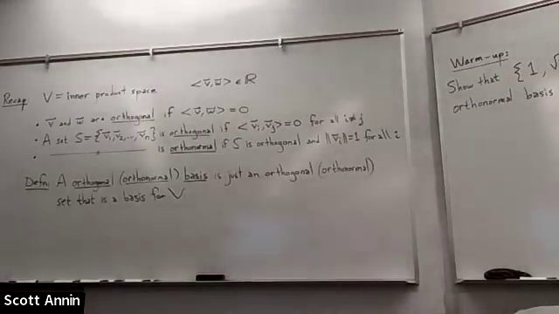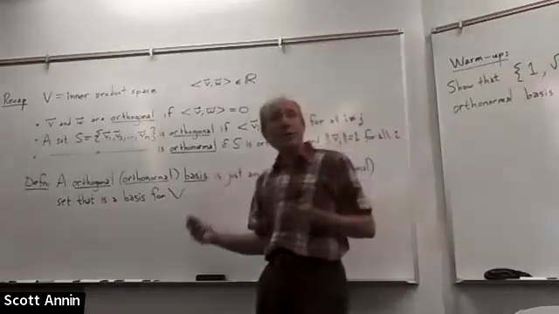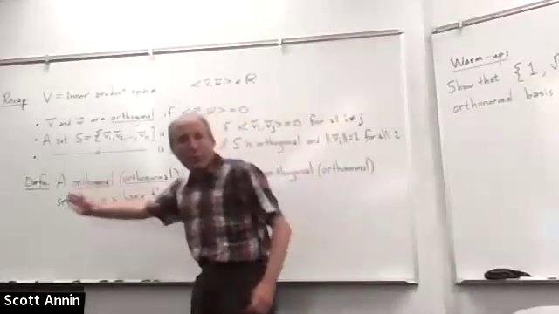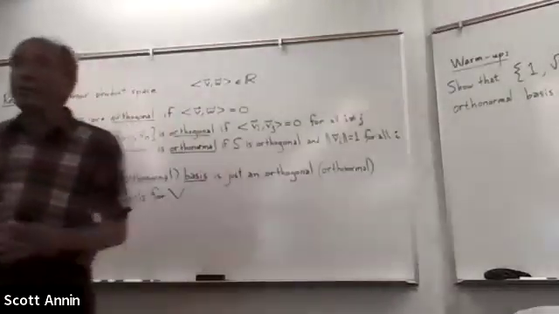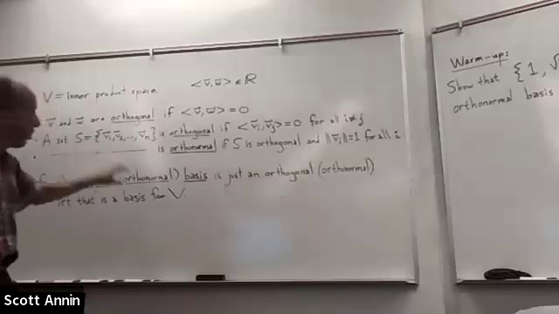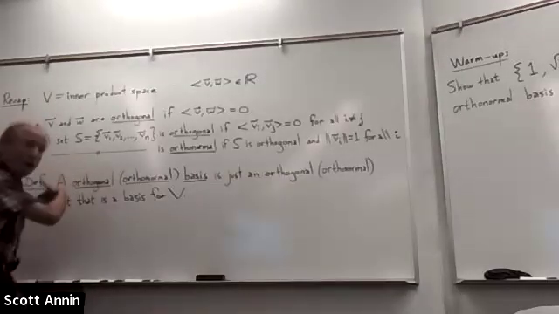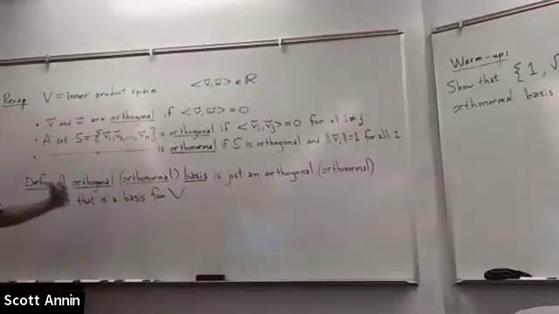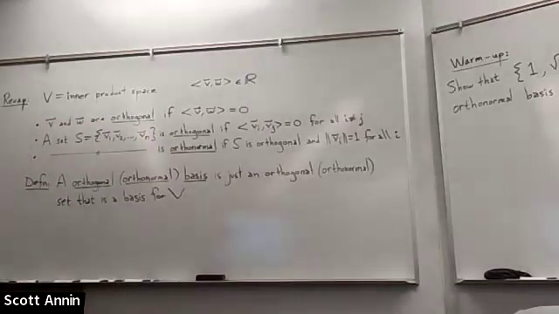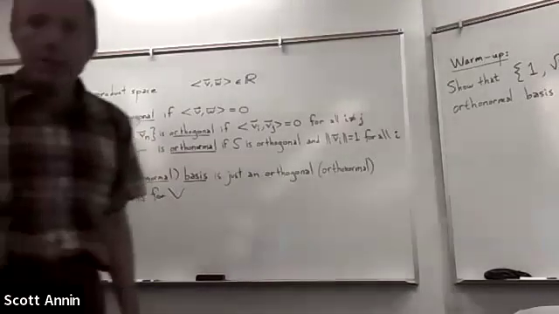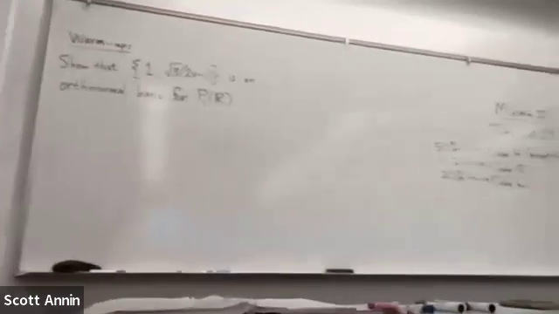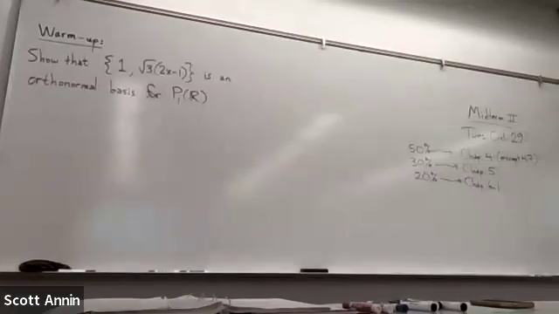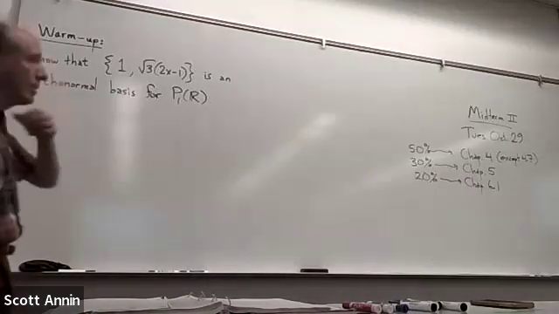The calculations can be a lot easier and nicer when you have an orthogonal or an orthonormal basis in your hands. So this is really a strong property. If I have an orthogonal basis or an orthonormal basis for a vector space, I'm generally going to be pretty happy. Okay, so let's do a practice problem to see how that would look in a real example.